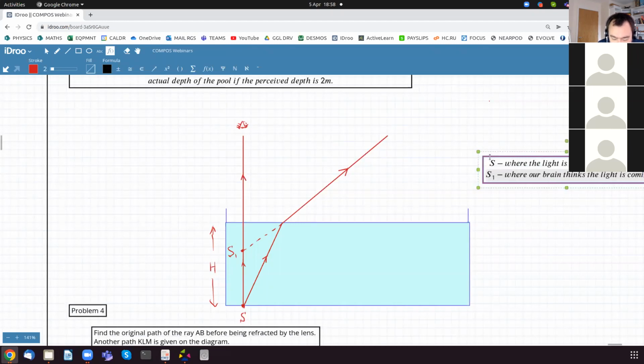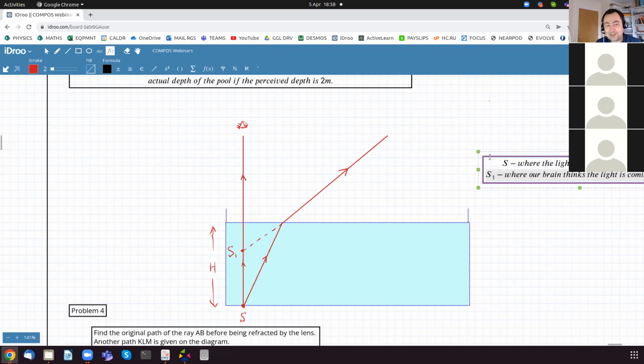And we can't blame our brain, because if we know anything, our brain has been taught that light travels in straight lines. We are not told that light can travel in curved lines or bendy lines.